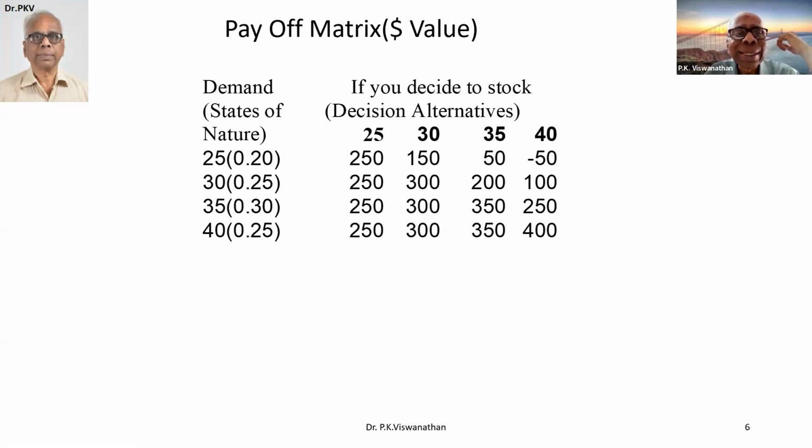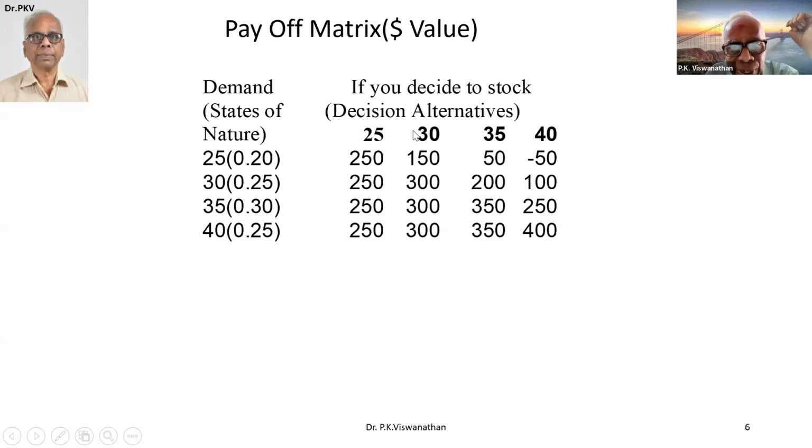Supposing the demand is 30, but you have stocked only 25. I can't help it. I can sell only 25 and therefore it is 250 again. Demand is 35. Oh my God, I can sell only 25. So it is 250. In other words, the first row of the payoff matrix I have worked out.